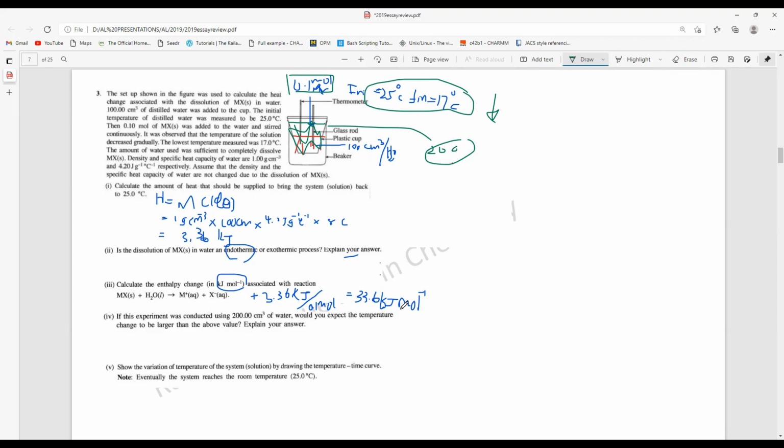The amount of heat energy is the same, because you are using the same amount of moles, 0.1 moles, but you have more water molecules in the system to release this heat. So therefore this temperature drop will be small now.